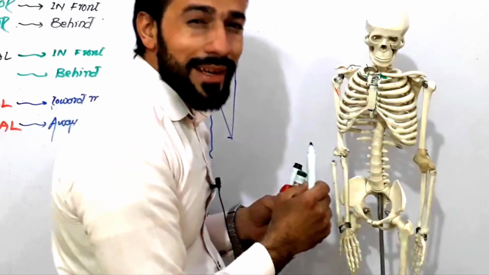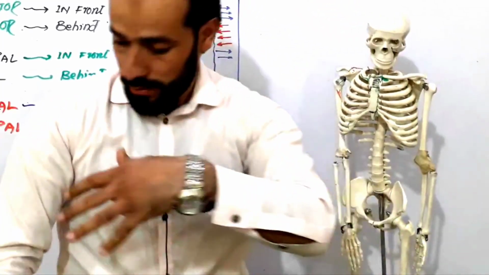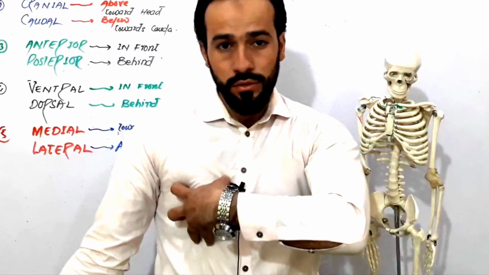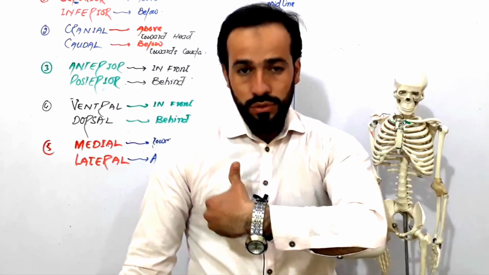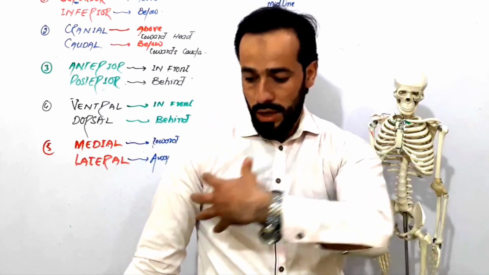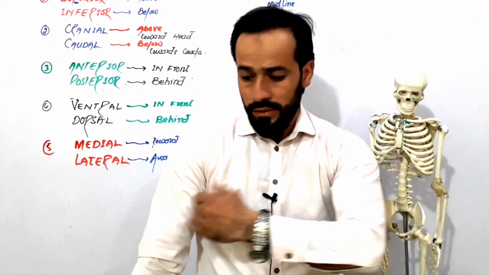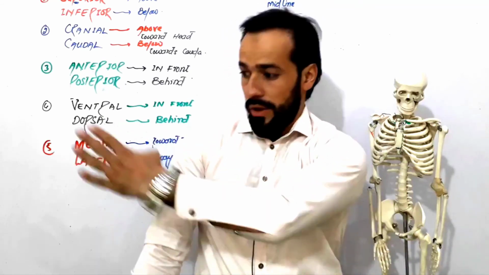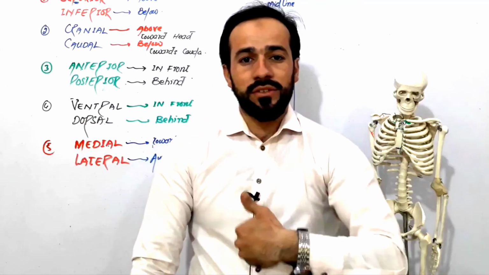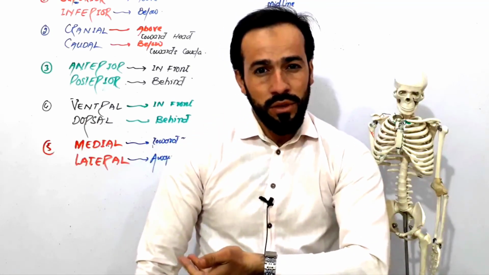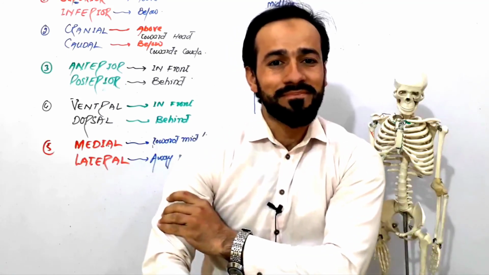And then if you want to say about ribs and arm, look, this is your arm and these are your ribs. So your ribs are medial to your arm, right? Look, I'm pointing towards the midline. Okay, so my arm is lateral, away from midline, lateral to my sternum or my ribs, and my ribs are medial to my arm, isn't it?